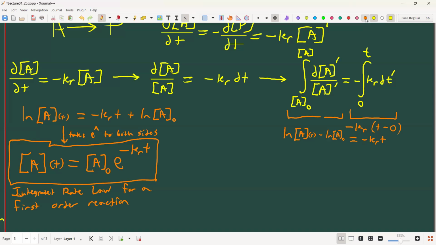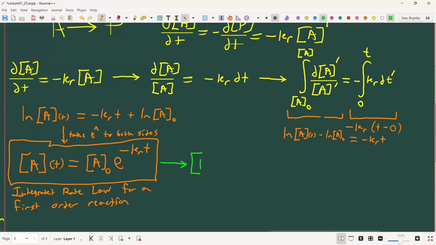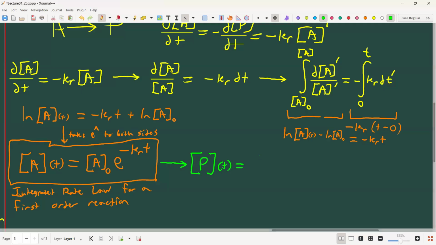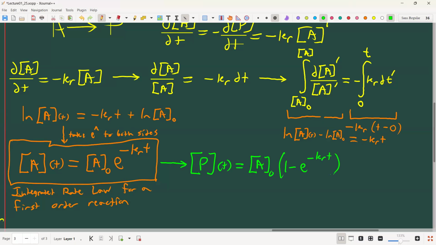And so we can rewrite this, because what we're really interested in is the products as a function of time. And that's really easy to solve for. It looks like this.